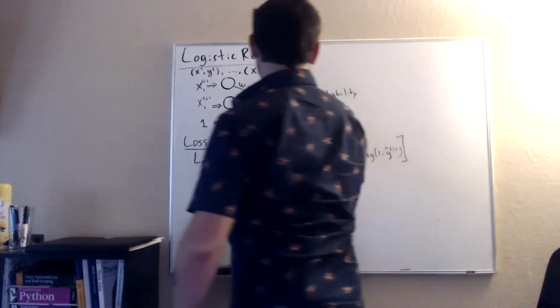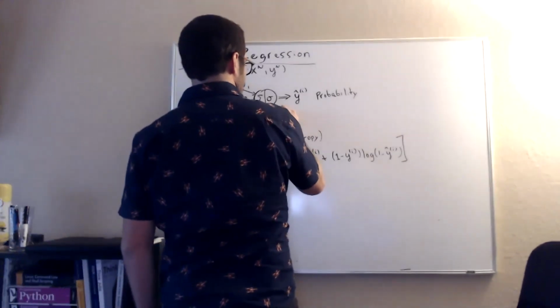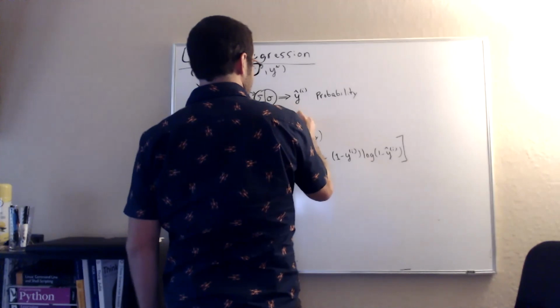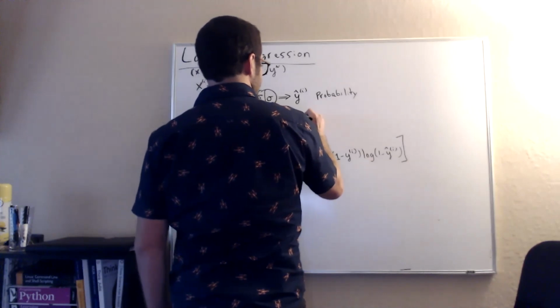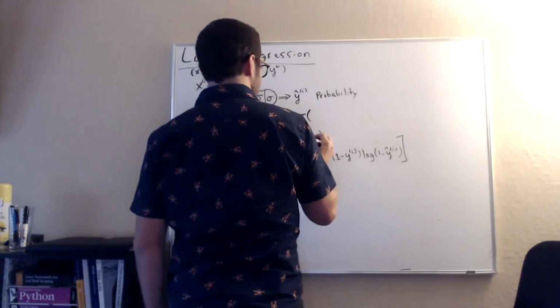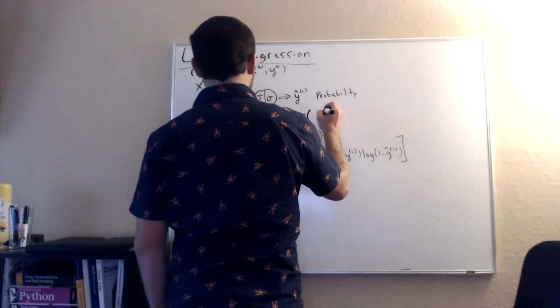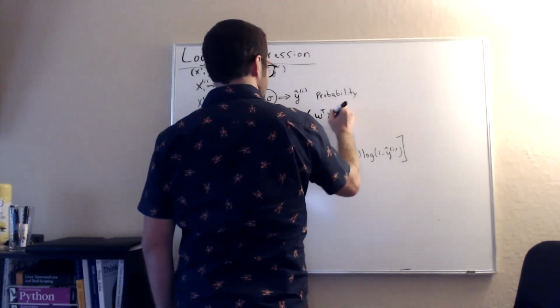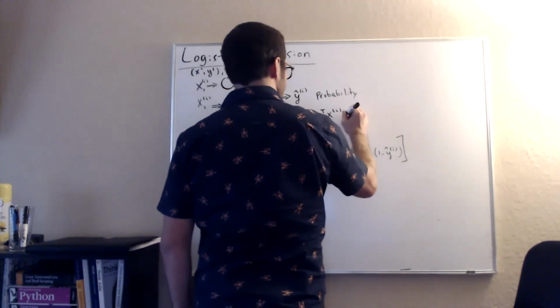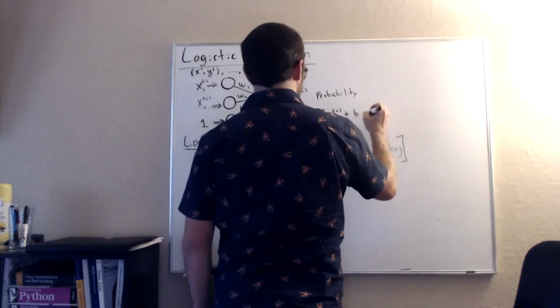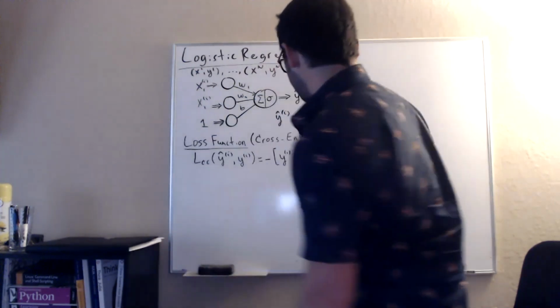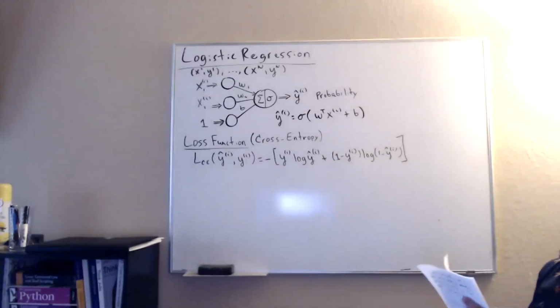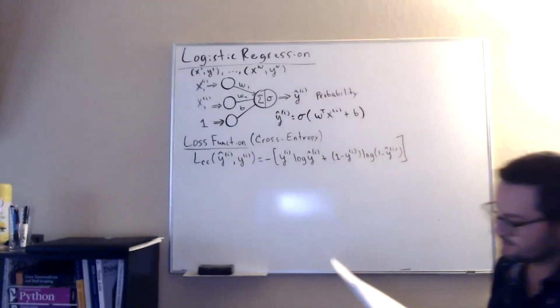So just recall y hat i is equal to sigmoid of W transpose times x sub i plus b. Okay, so recall that's what y hat is.